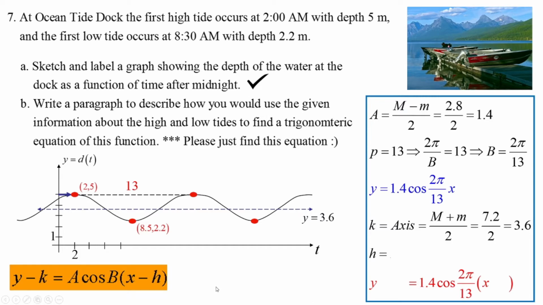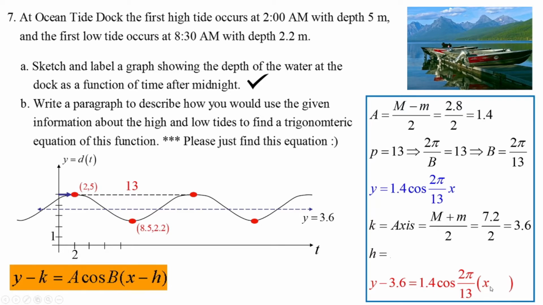All right. So that means this sine wave has been translated 3.6 units up. So I'm going to take this y and go y minus 3.6. And now I am almost done. All right. What's the horizontal translation? Well, this is why we use cosine right there. And this cosine function has been translated 2 units to the right.